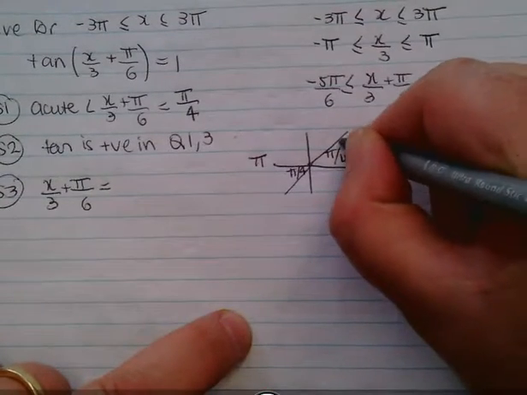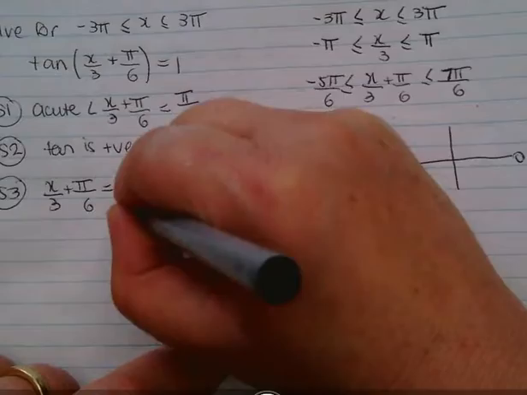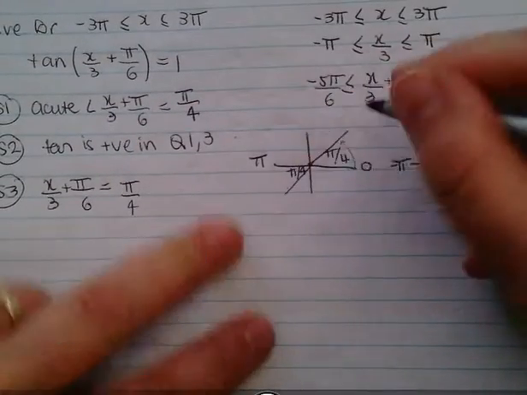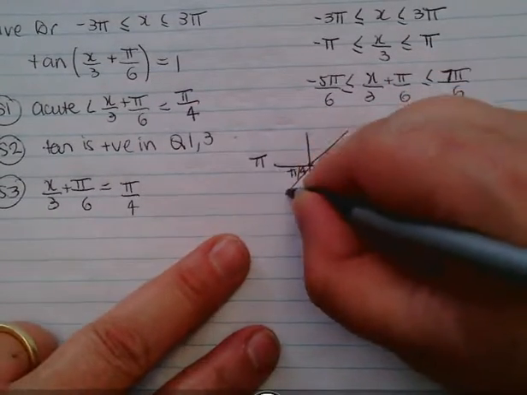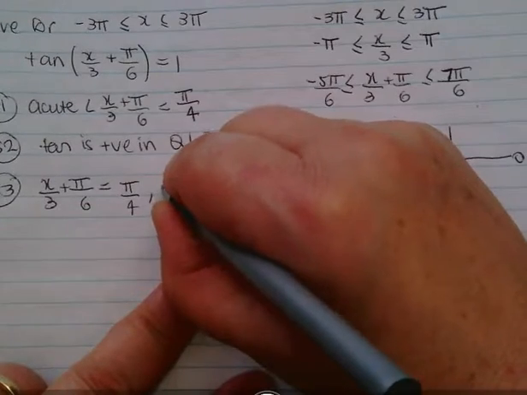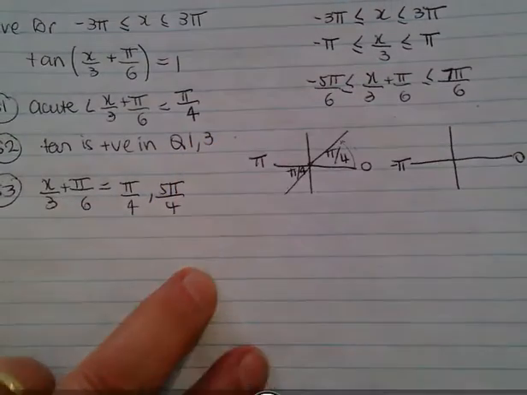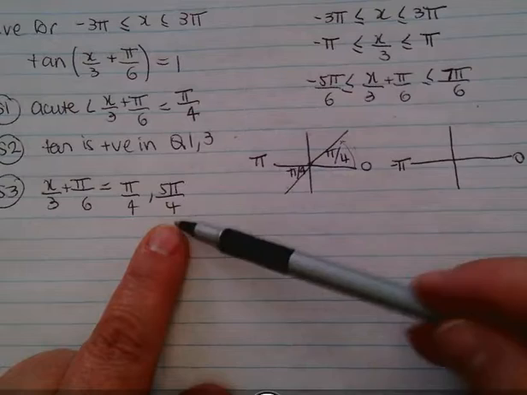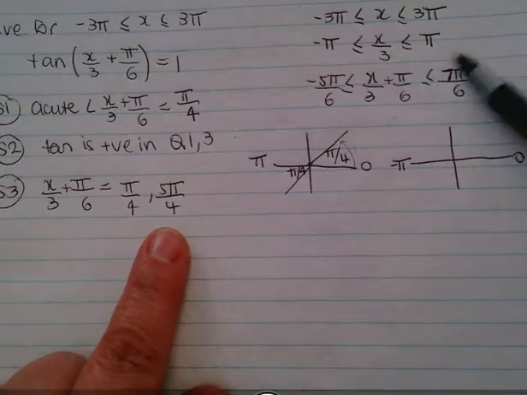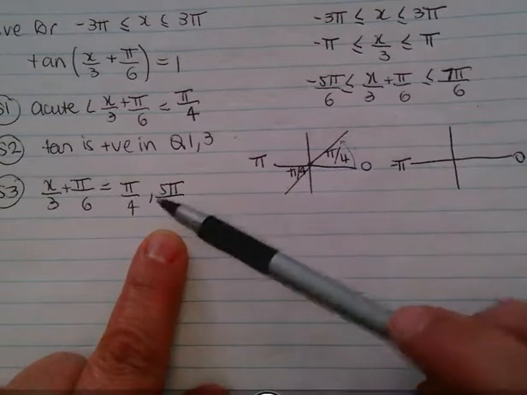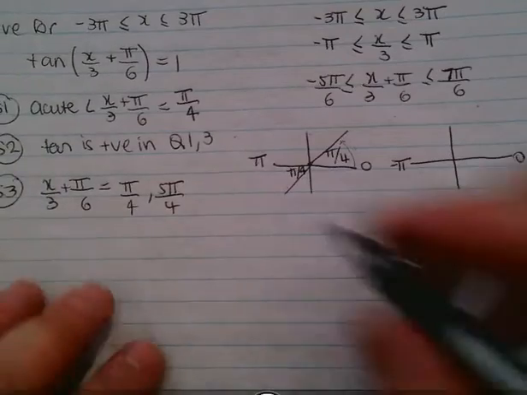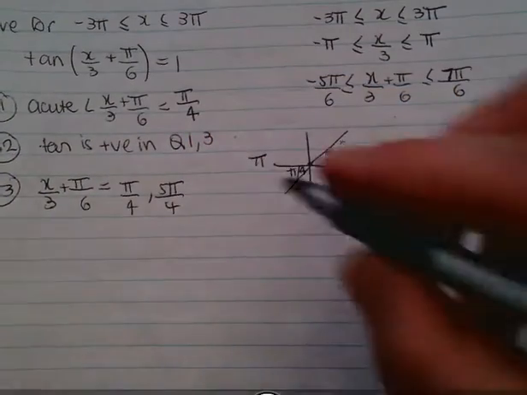So my first solution would be pi on 4. And my second one, well, you might think it's pi plus pi on 4, that's 1 1/4, 5 pi on 4. But is 1 1/4 bigger than 1 1/6? It is, because 1/6 is smaller than 1/4. But look, it is out, but I'm just going to leave it there for a moment.